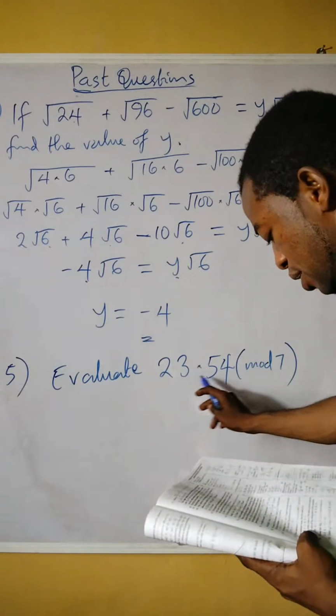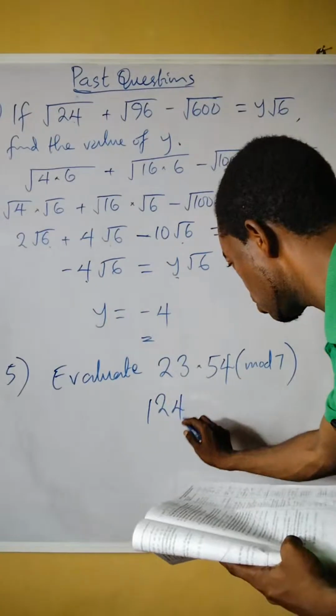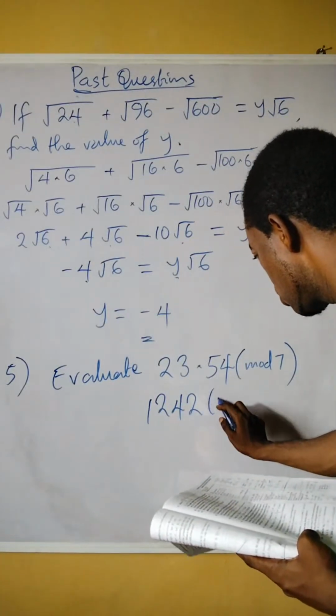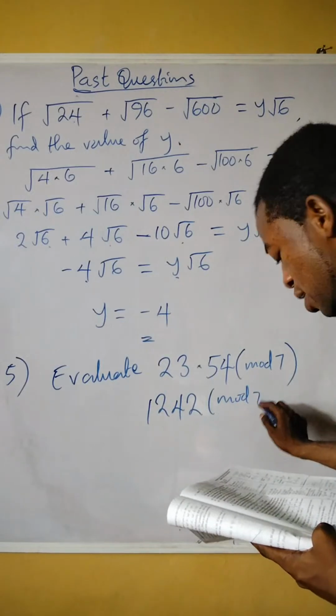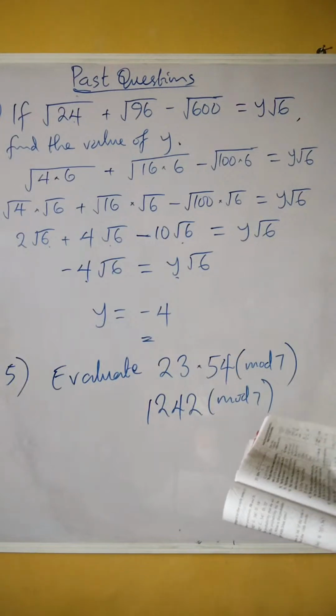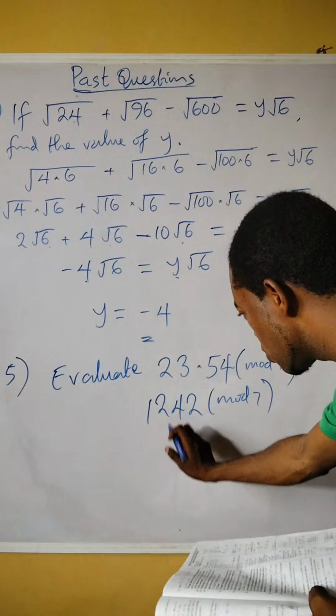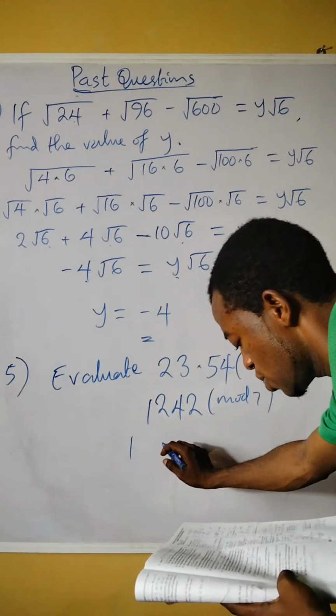So when we multiply this, this gives us 1242. Then in mod 7 now, how many times can 7 go in here? The multiple of 7 closest to this is 1239.